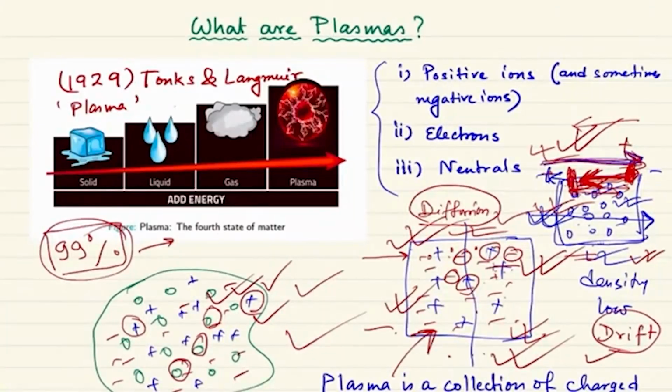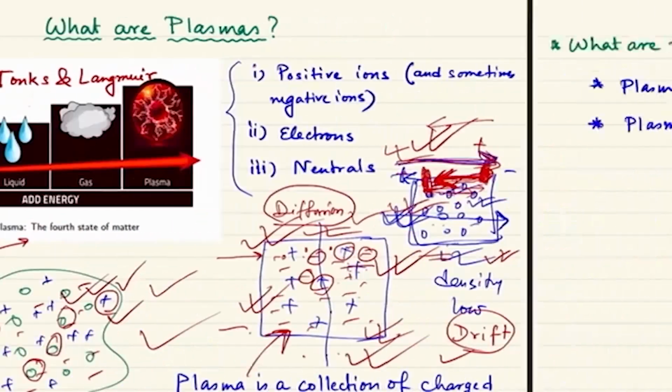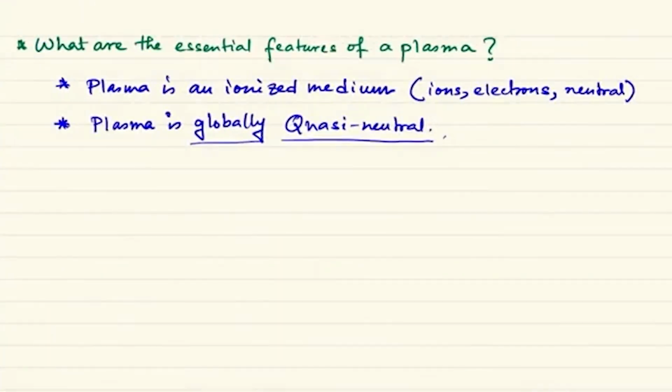For example, if you take this volume, calculate the total number of ions and electrons inside it, and add them together to check the charge neutrality, you will see that the charge density is very close to zero. Okay, so that is the meaning of globally quasi-neutral.